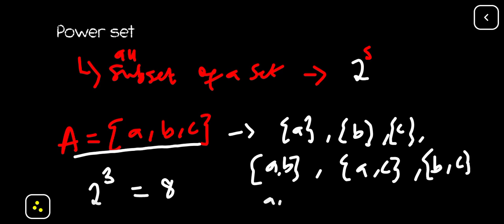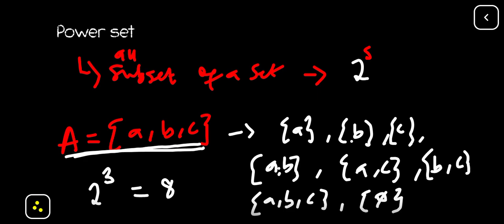We can get the set itself, that's ABC. And then finally, we can get an empty set. So naturally, if you count them, 1, 2, 3, 4, 5, 6, 7, 8. These are 8 subsets from the set A where the elements are A, B, C. So in a power set, the empty set must be included. The empty set and the set itself must be included as part of the subsets of that set.